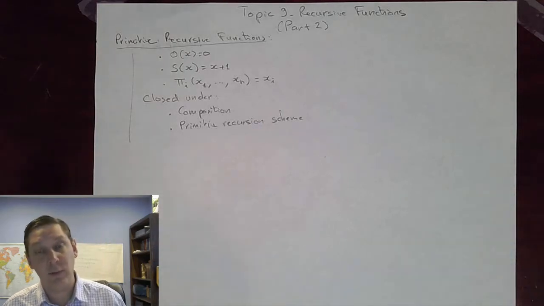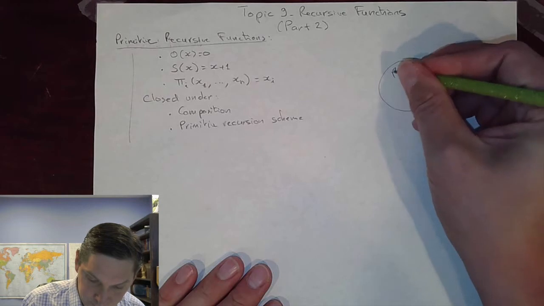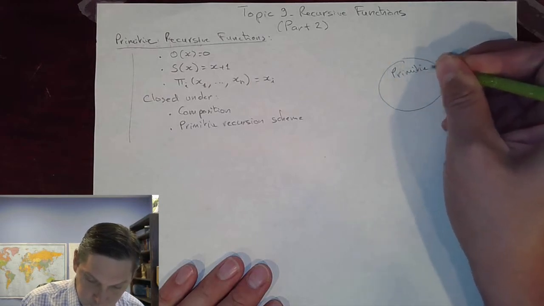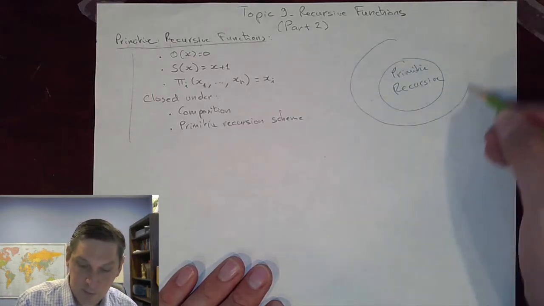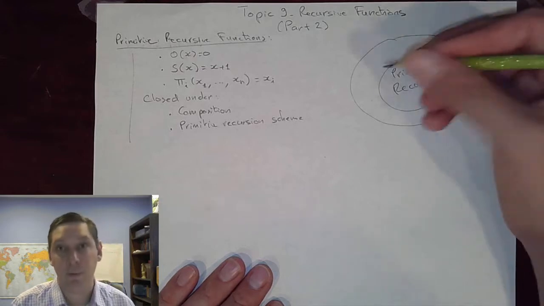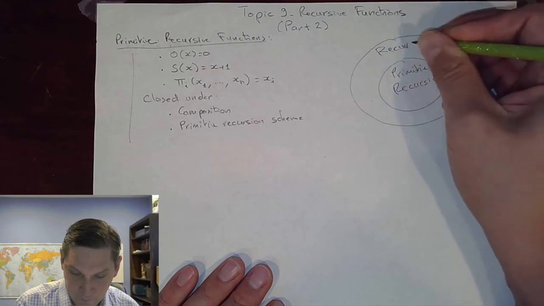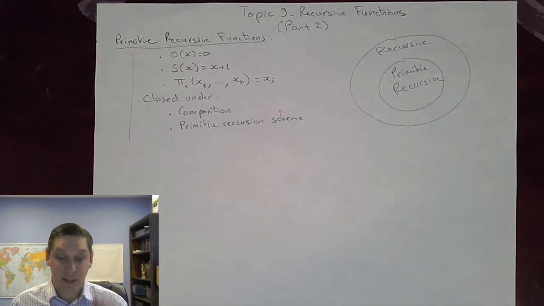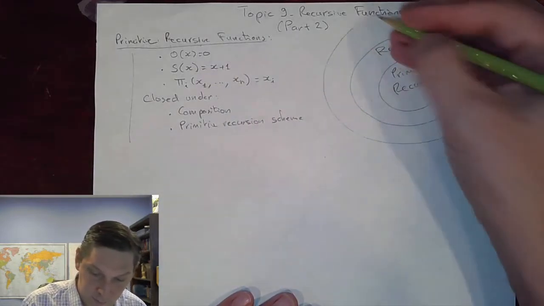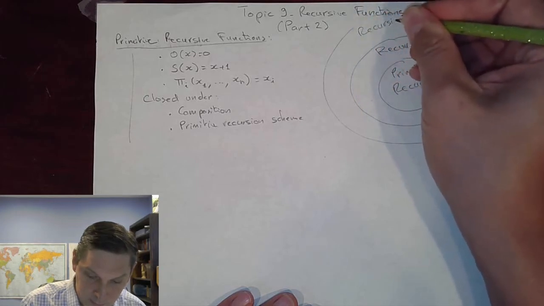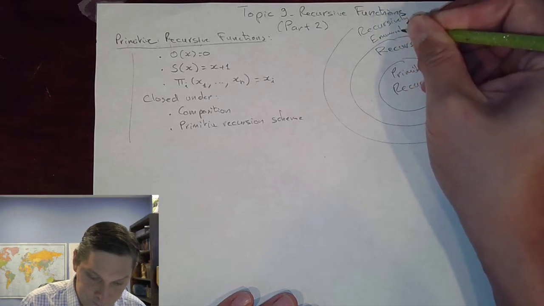But we make the distinction between the set of primitive recursive functions, right? And the set of recursive functions, that is a proper superset of the primitive recursive functions. And then, as we'll see later, there's a larger set called recursively enumerable functions.